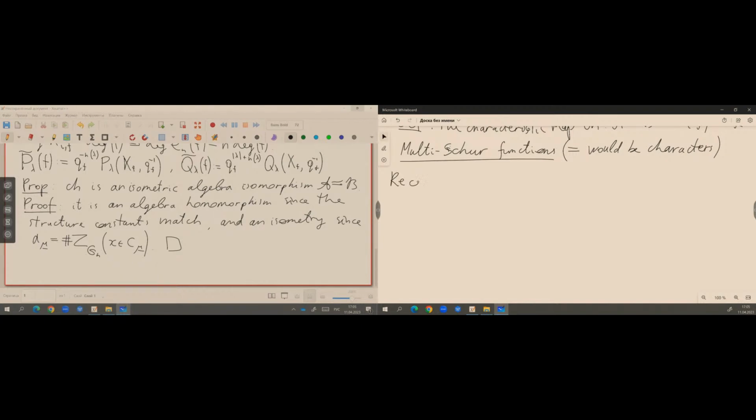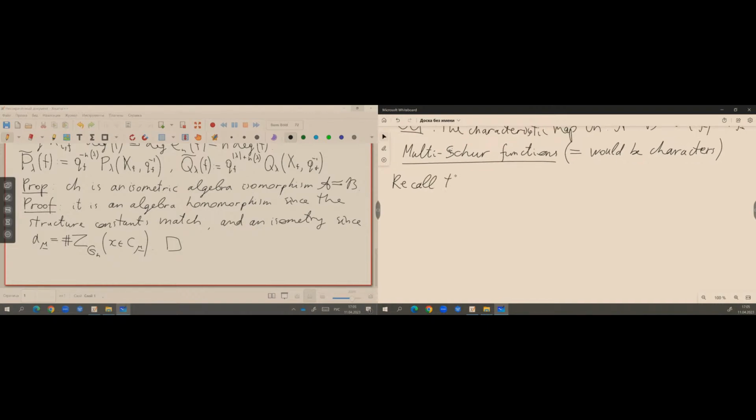So recall the orthogonality relations: the sum over all lambda, q to the power size of lambda, P_lambda of x, q inverse, Q_lambda of y, and q inverse is the product over i,j of (1 minus x_i y_j) over (1 minus q x_i y_j).